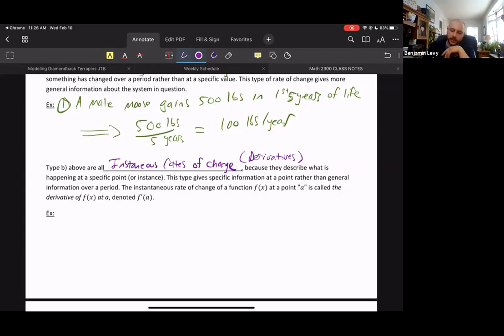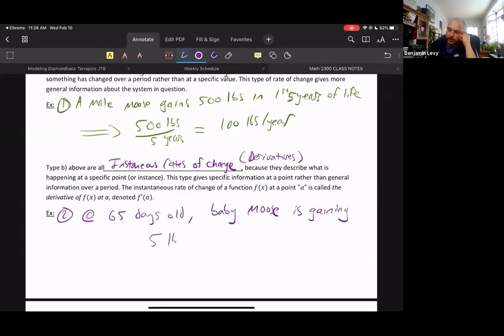And so maybe an example of that with this moose would be, at 65 days old, that's still a baby moose, right? A baby moose is gaining, let's say, 5 pounds per day. I'm just totally making this up.